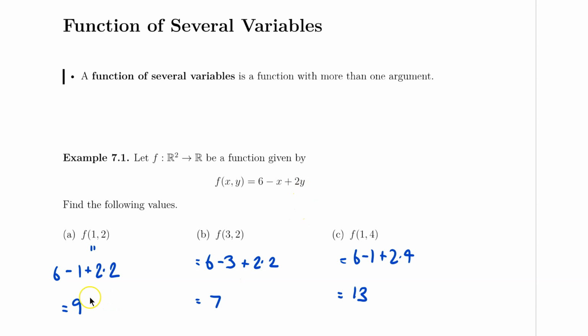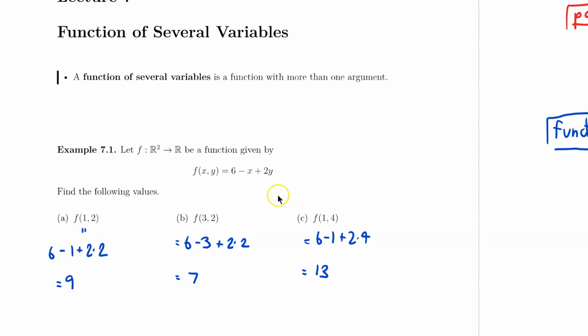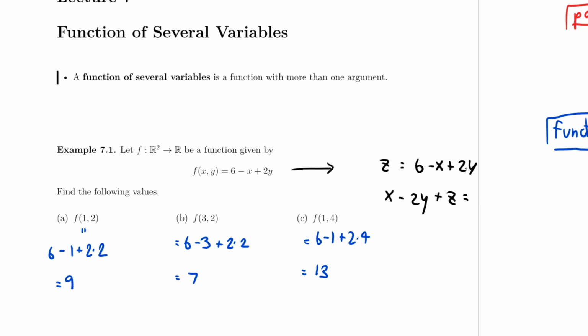So here we can compute the value of a multi-variable function, or function of several variables, by just plugging in values. By the way, if I let z equal this thing, if I write this equation as z equals 6 minus x plus 2y, I can rearrange this: if I move my x and y to the other side, I get x minus 2y plus z equals 6.